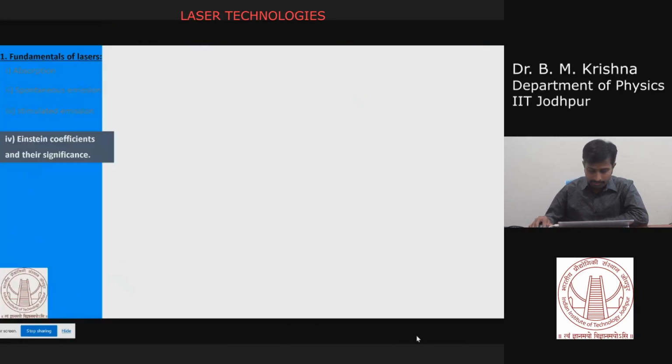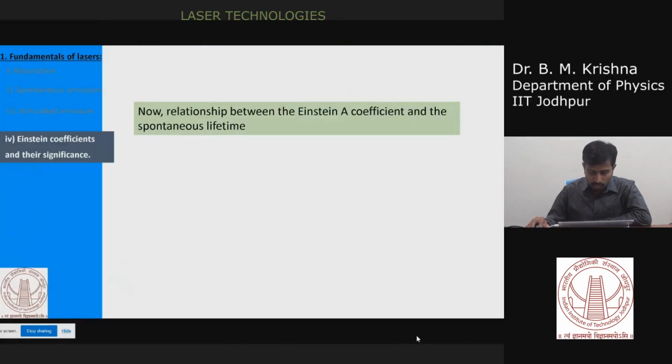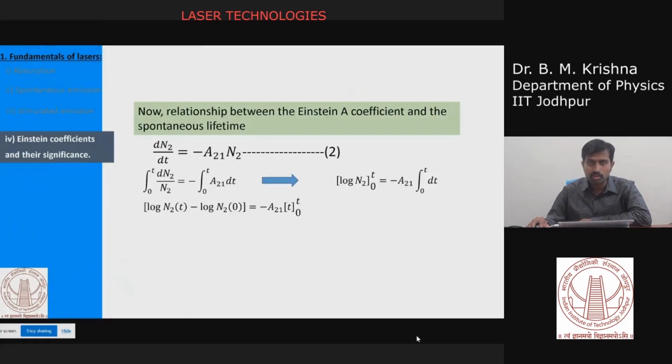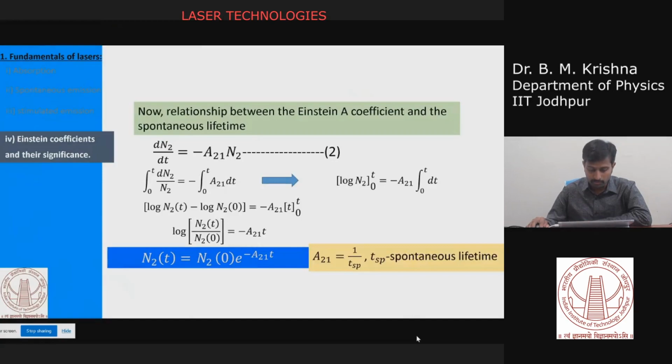So, in the last class, we discussed the relation between the Einstein A coefficient and the spontaneous lifetime. We solved the rate equation for spontaneous emission, and we get the final equation: n2 at time t is equal to n2 at time 0 times e to the power minus A21 t.